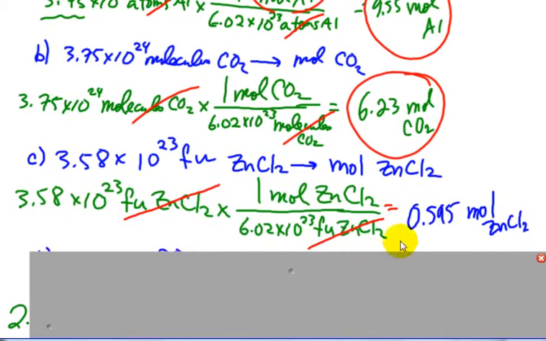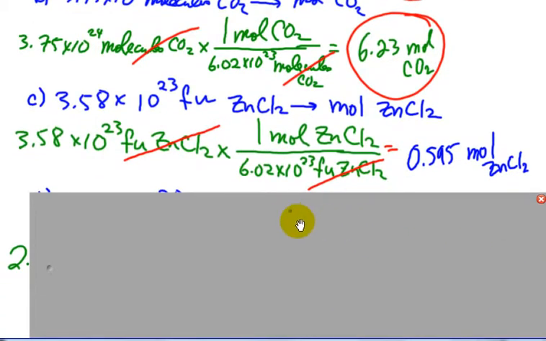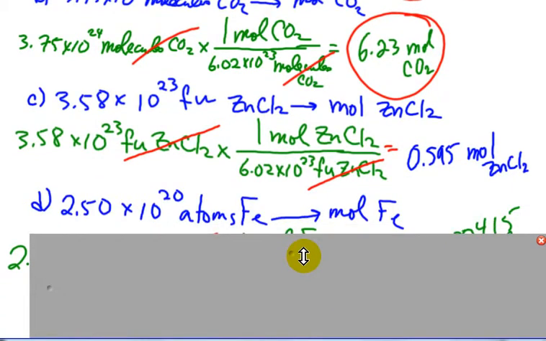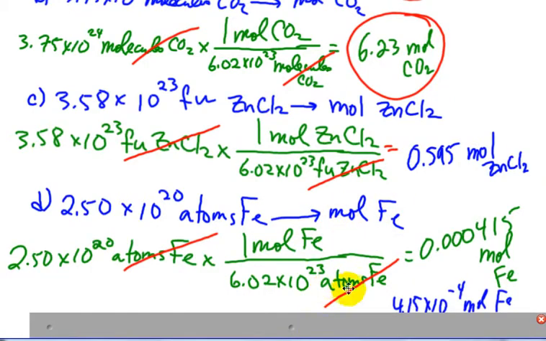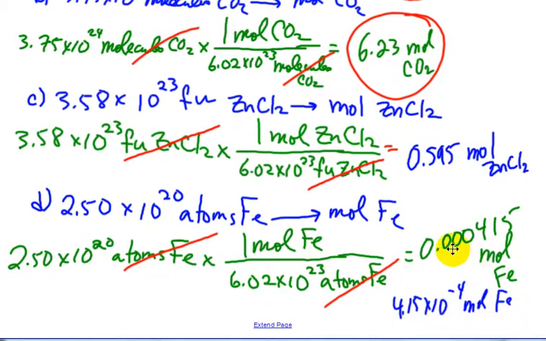And we get 0.595 moles of zinc chloride. And lastly, 2.5 times 10 to the 20 atoms of iron going to moles of iron. So atoms on the bottom, moles on top, cancel, cancel, and we're left with 0.000415 moles for 3 sig figs, or I chose to write that in scientific notation, which is fine too.